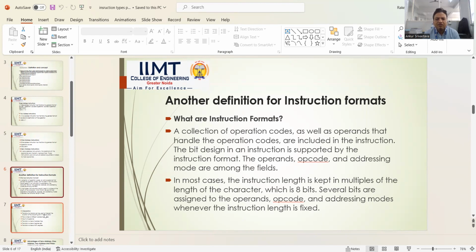Now, what are operands? As I told before, let's suppose D is equal to X plus Y plus Z. So here operands are X, Y, and Z. Now, what is opcode? Opcode is the addition operator which we have used between X and Y as well as Y and Z. Now, what is addressing mode? We have various types of addressing modes in computer organization and architecture, like stack addressing mode, implicit addressing mode, and index addressing mode.